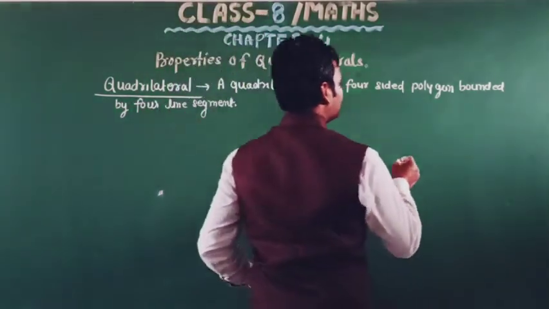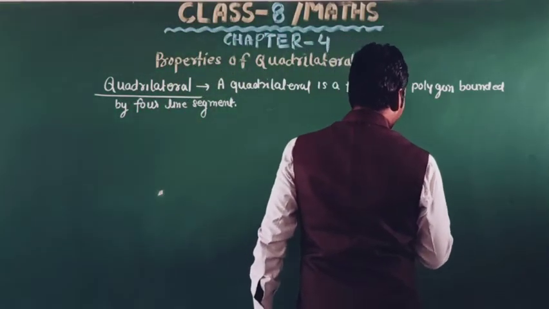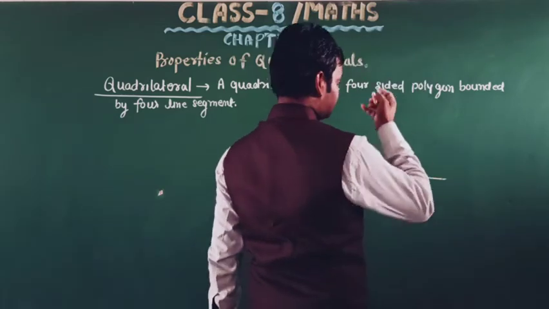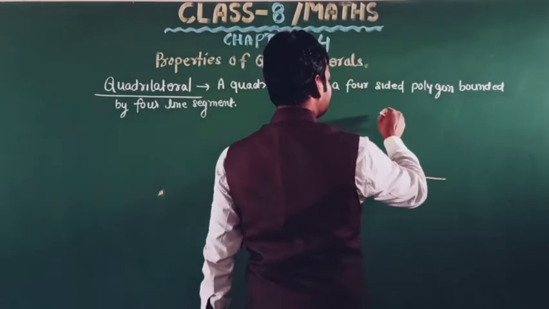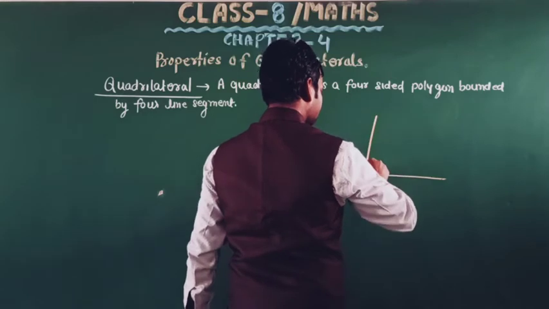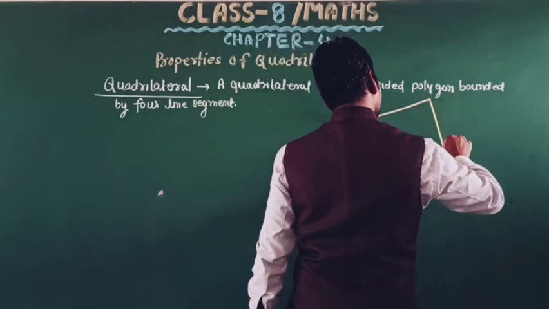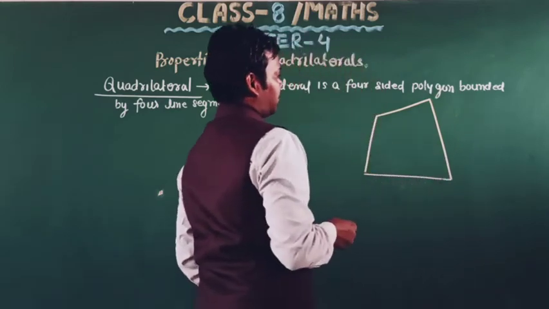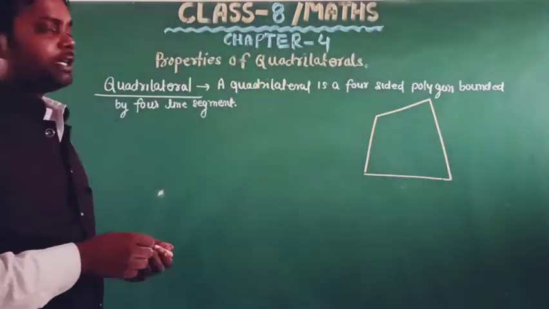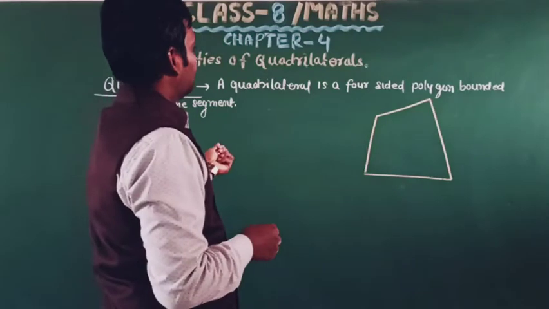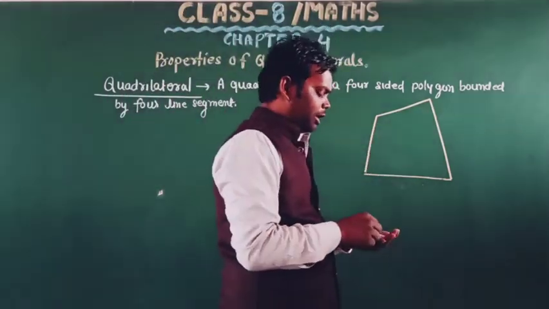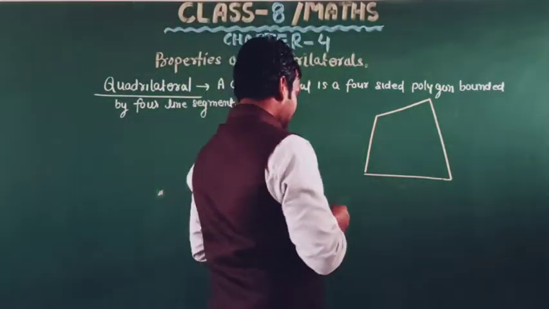So the figure we can make, this is a figure of a quadrilateral. This is a four-sided polygon bounded by the four line segments.